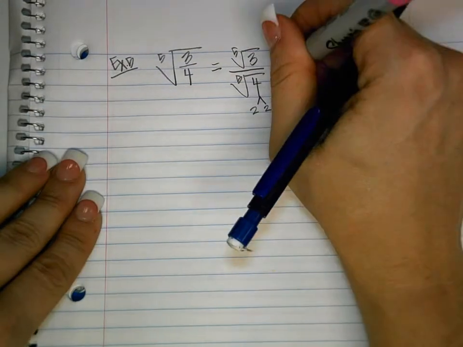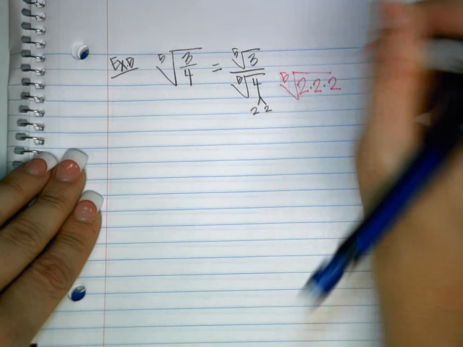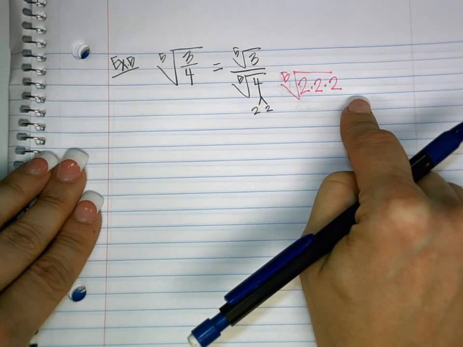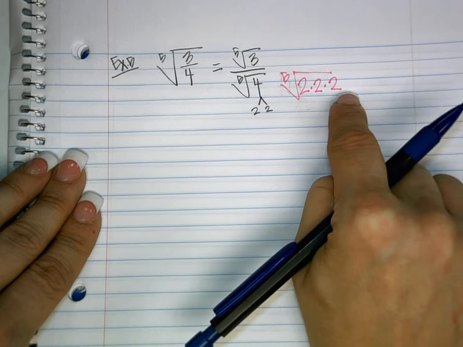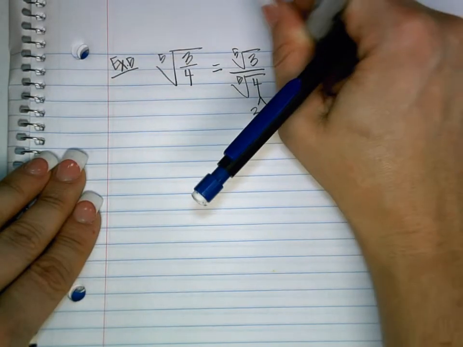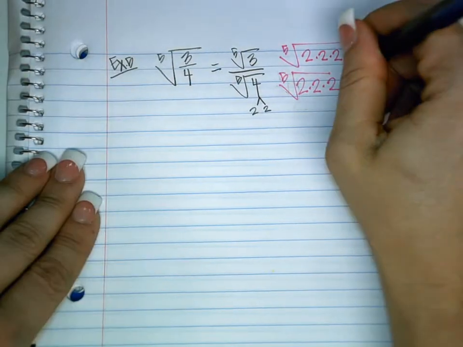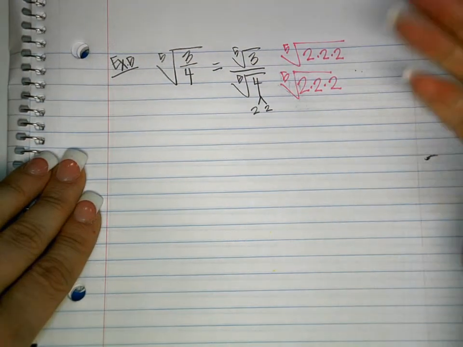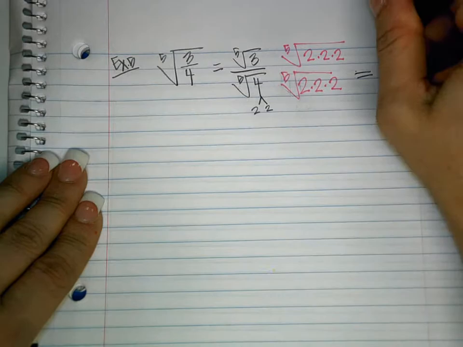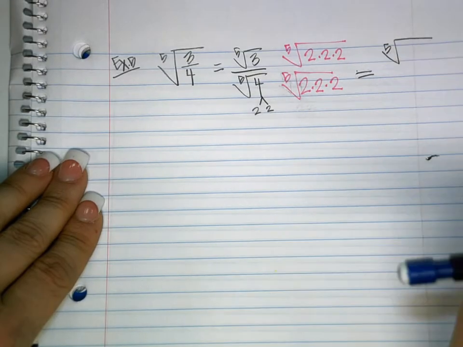So I'm going to multiply by 3 more. 2 times 2 times 2. Yes, technically 2 times 2 times 2 is the 5th root of 8, but it's easier sometimes when we write them out. So multiply again by the 5th root of 2 times 2 times 2. Then in the top, nothing's going to come out, so I actually do multiply these together. It stays the fifth root. And multiply, what's 3 times 2 times 2 times 2?